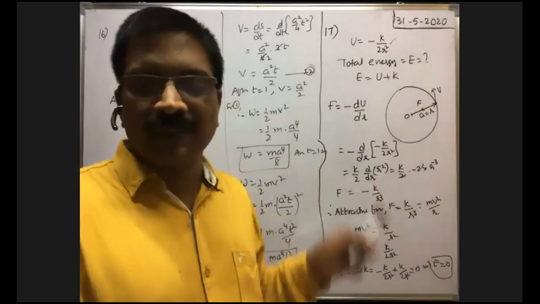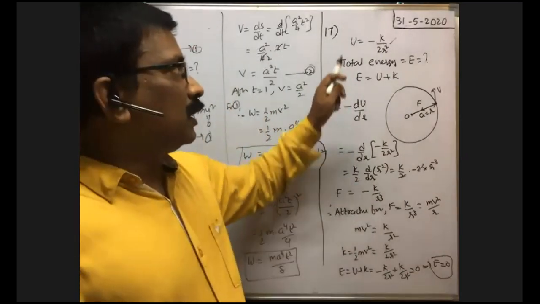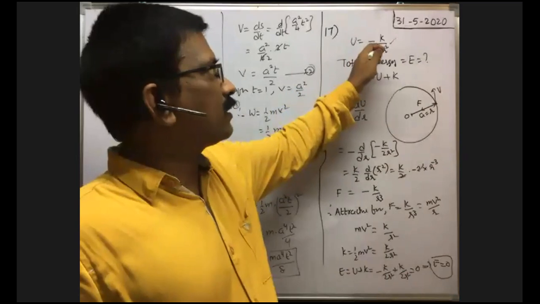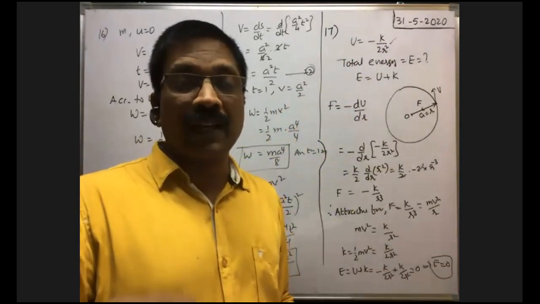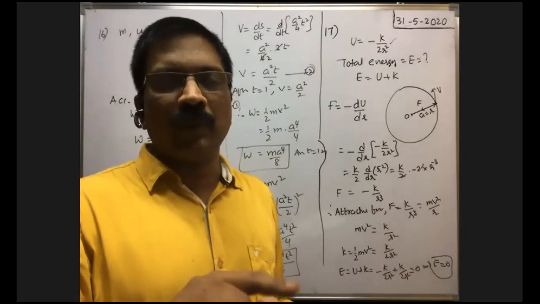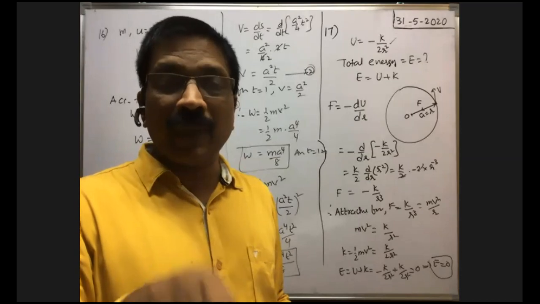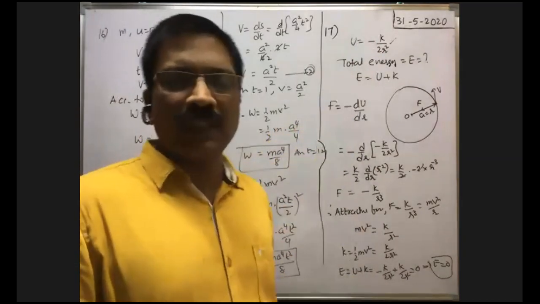But not here. You remember that point. Minus GMm by r is the potential energy between the satellite and the earth, and GMm is constant, so such a constant is k by r. In such a case, that formula is true. But not here, because it is r square in the denominator.